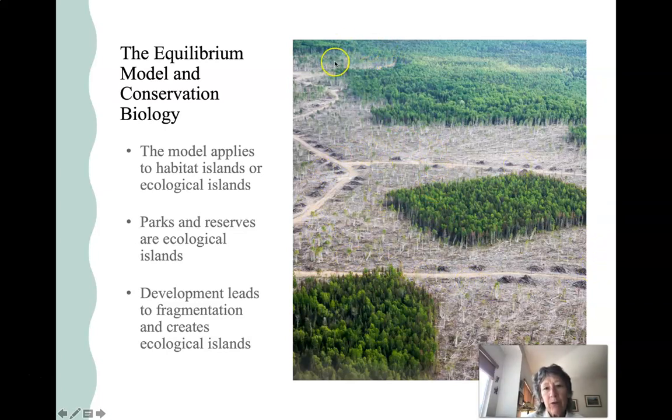Here we have another larger island of tropical forest surrounded by a sea of cattle pasture, and you can use this model to make predictions as to the number of species you would expect to find on these islands. Because remember, parks and reserves are ecological islands, and development leads to fragmentation and creates ecological islands.